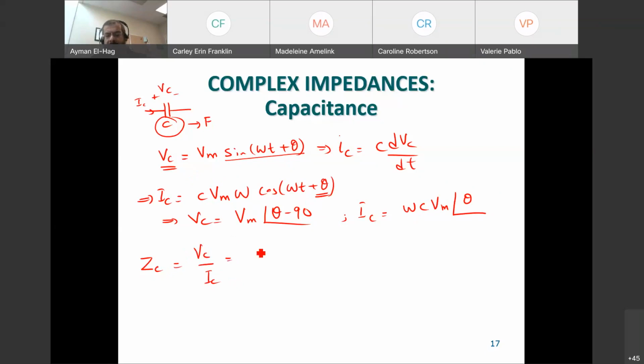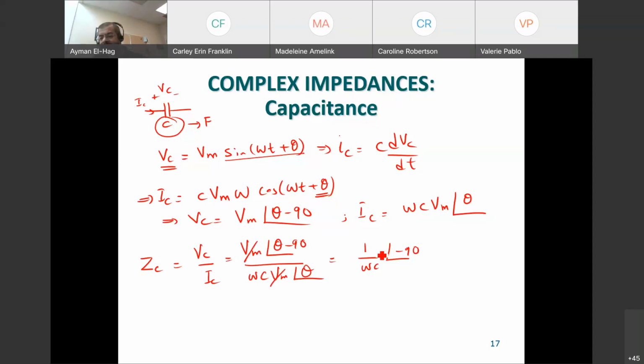So when we divide, as we mentioned before, we want to keep everything in polar format. So this becomes Vm angle theta minus 90 divided by omega C Vm angle of theta. So the Vm will cancel. So this becomes 1 over omega C angle of minus 90.